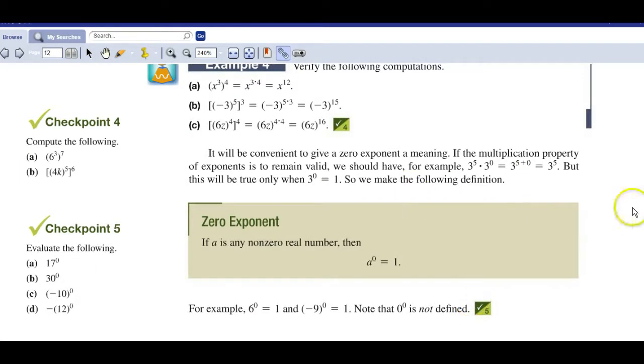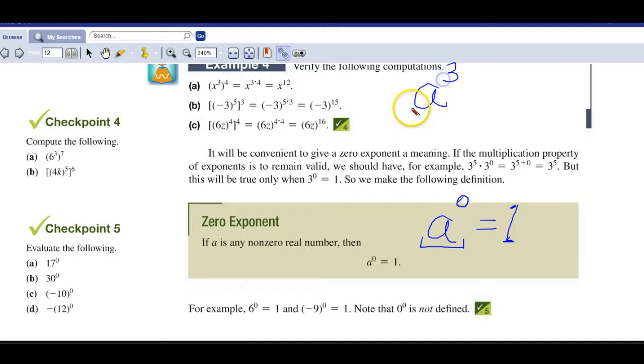Now, another very important one is if you have a to the 0 power, any base to the 0 power is always going to be a 1. Now, a little later they're going to show you the proof of this too, but we could show it to you now. If I have a to the 3rd divided by a to the 3rd, now we haven't had this yet, but you may know it.